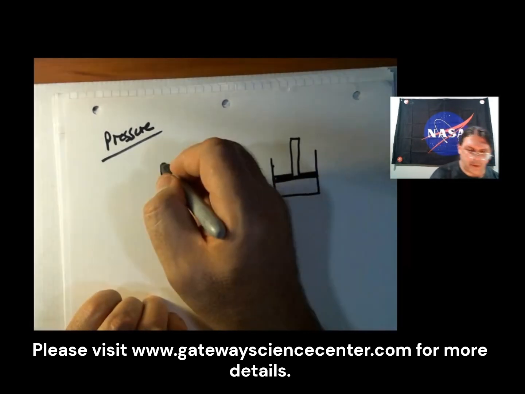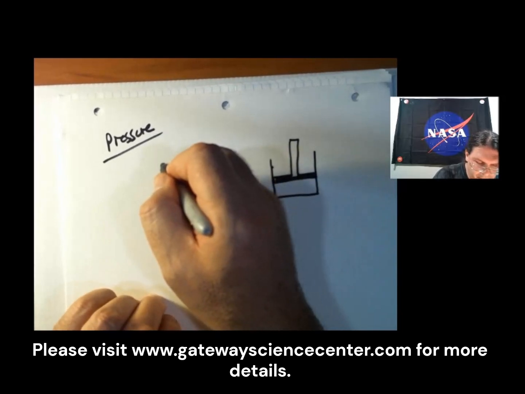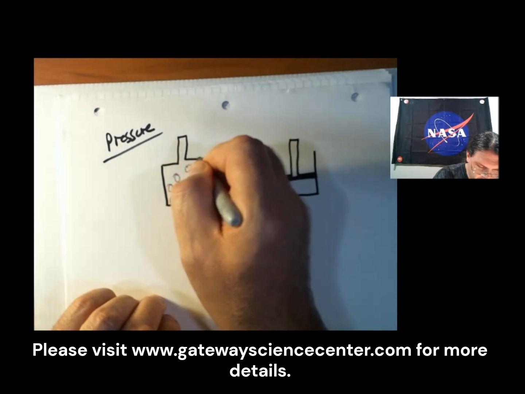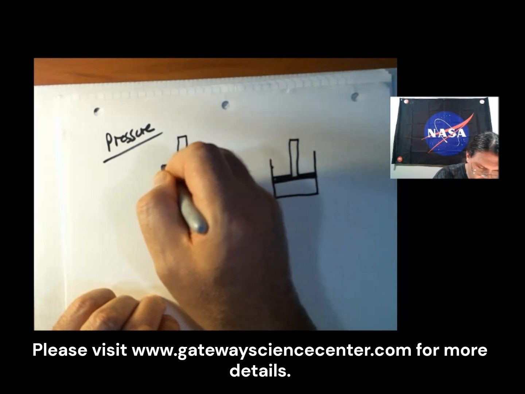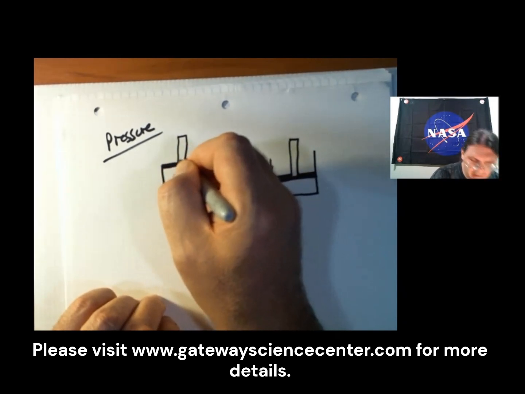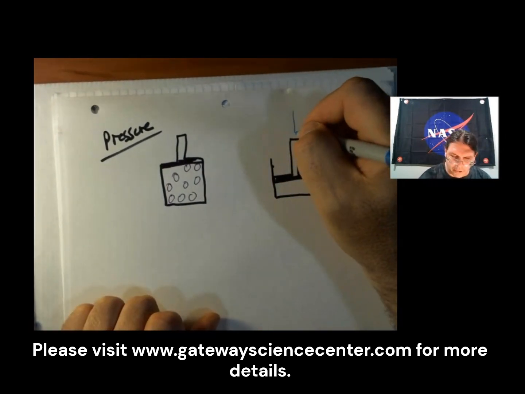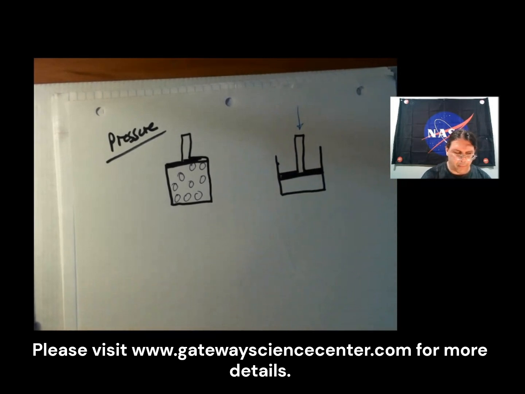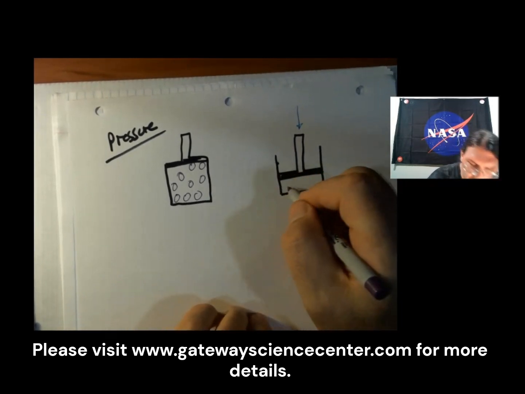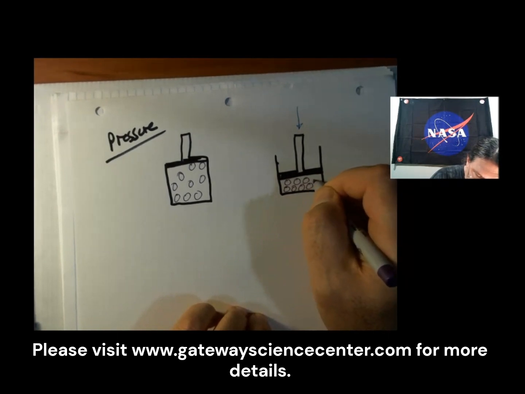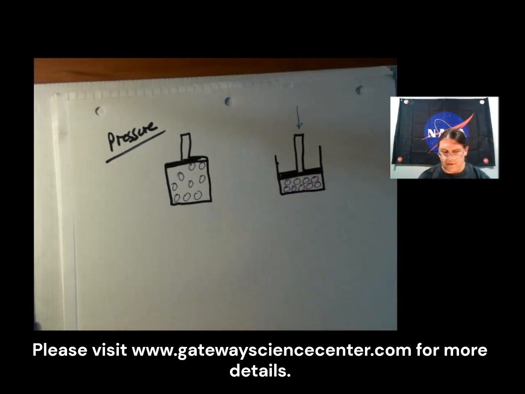So I'll put it over here. Have it up here. Okay, so I have that here, and then I push down on it. So this is being pushed down. And what happens is I get this.